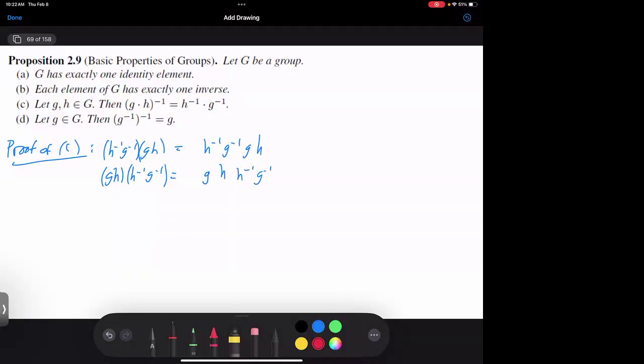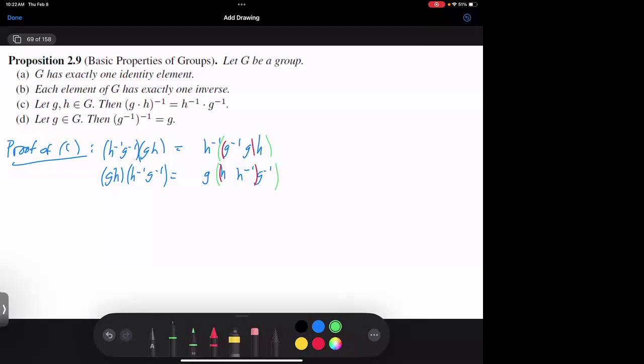Which items do you want to pair together in the first? Yeah, G inverse and G. And in the second, you would pair H and H inverse. And then I'll pair it with H in the first one and then G inverse in the second one. And again, I am being extremely pedantic and just going through all the steps in terms of how we do things.